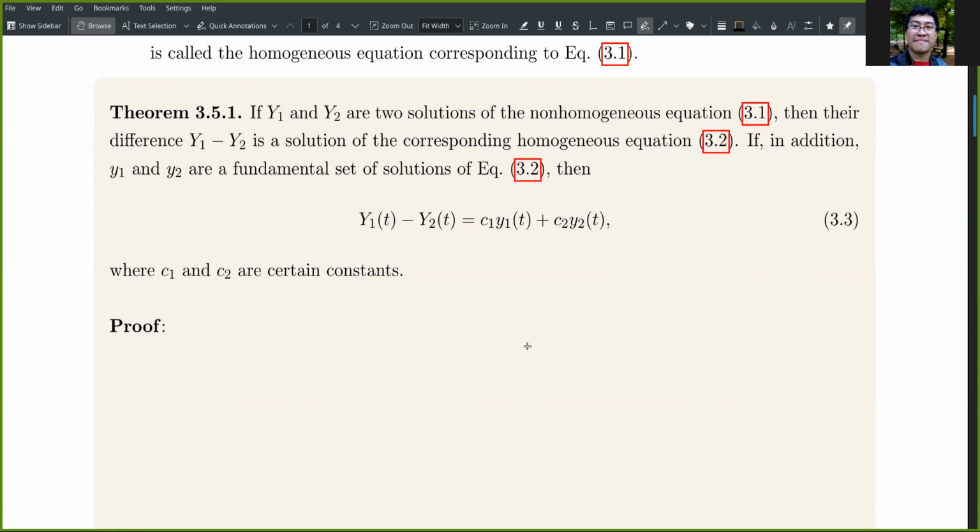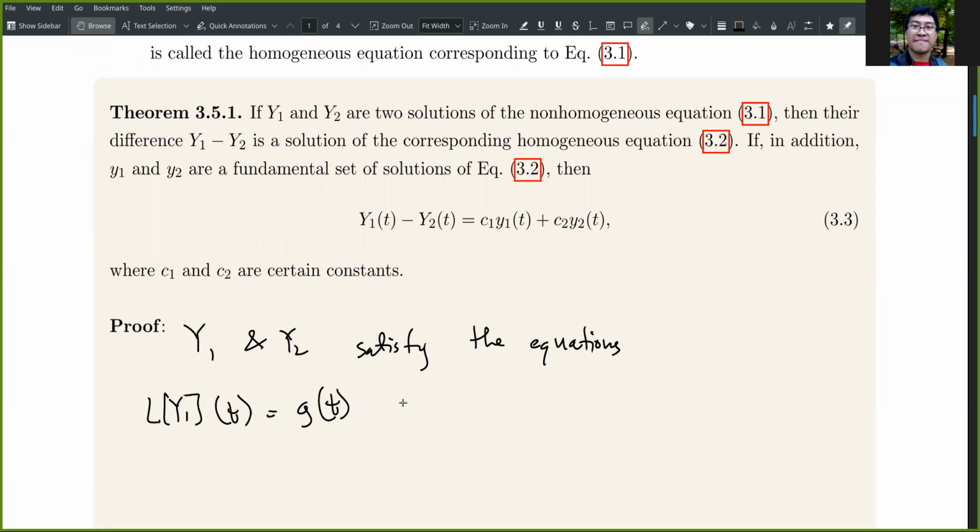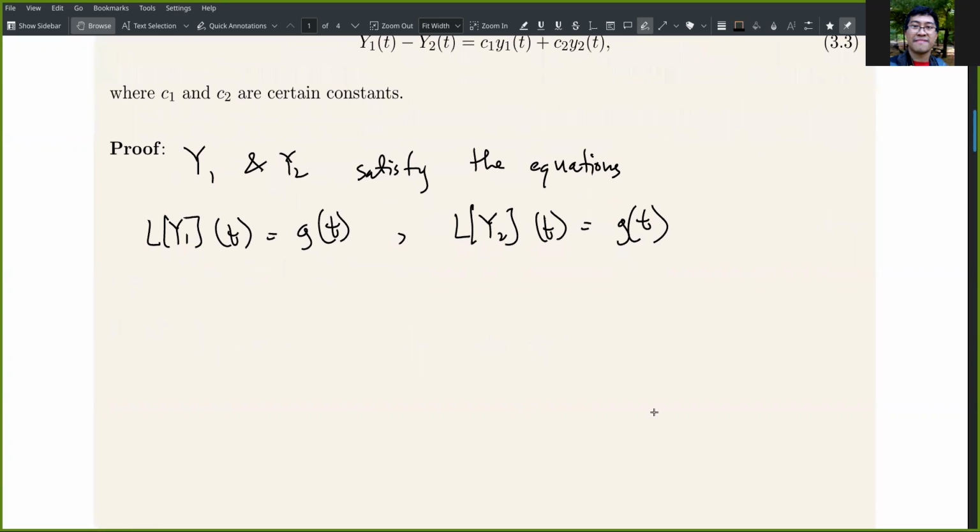To prove this, we know that y1 and y2 satisfy the equations L[y1](t) equals g(t) and L[y2](t) equals g(t).